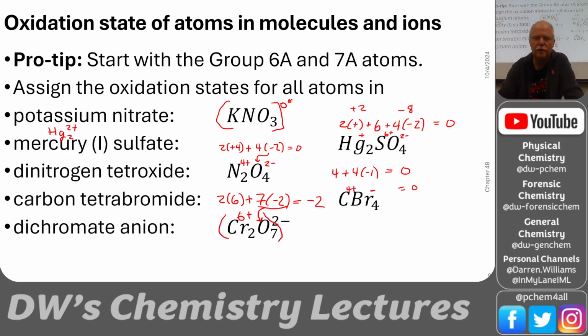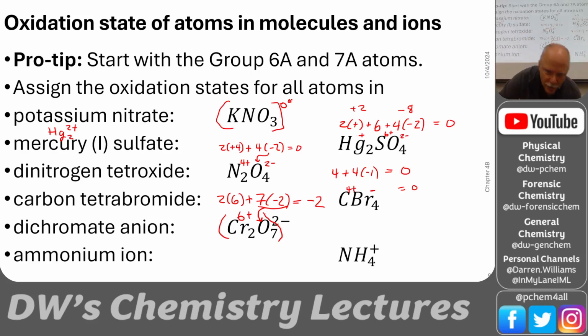All right, let's do one more. Ammonium ion. So here's a polyatomic cation. That positive charge is the charge on the whole molecule, so that has to add up to a +1. And then there's 4 hydrogens. Each hydrogen's probably a +1. Okay.